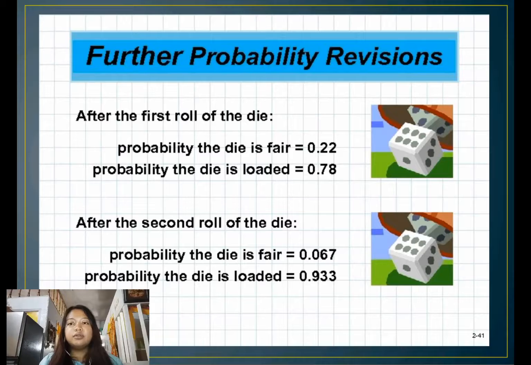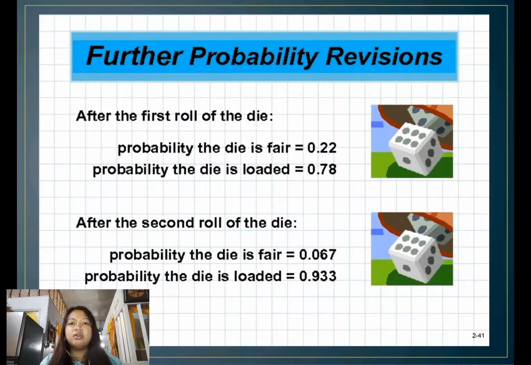So let's move forward to the further probability revisions. After the first roll of the die, the probability of the die being fair is 0.22, and the loaded or biased one has the probability of 0.78.